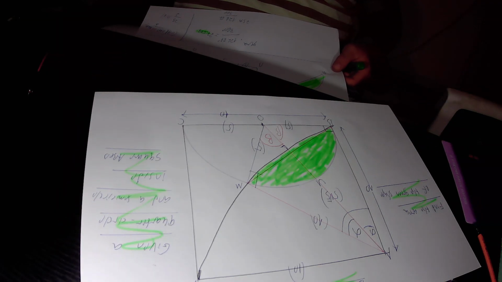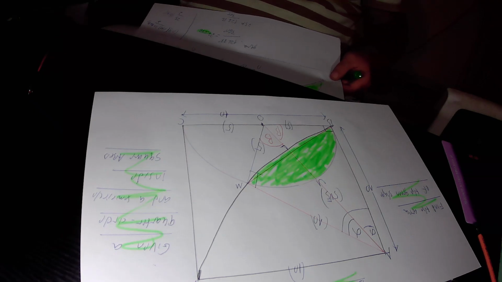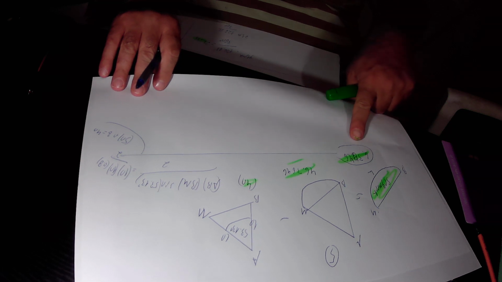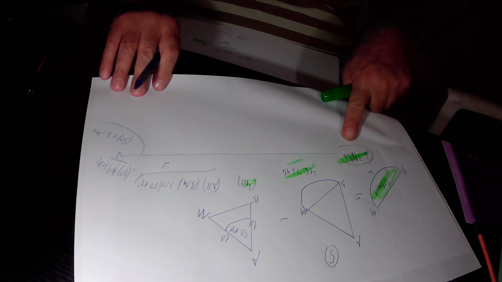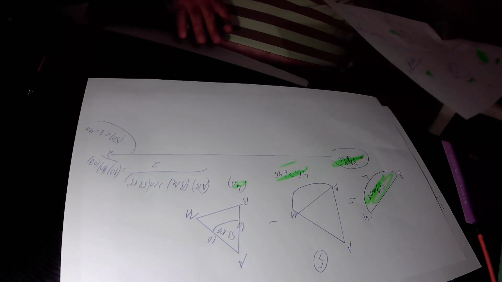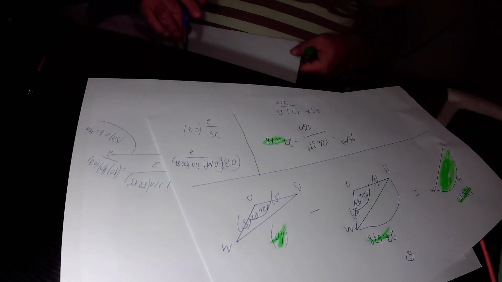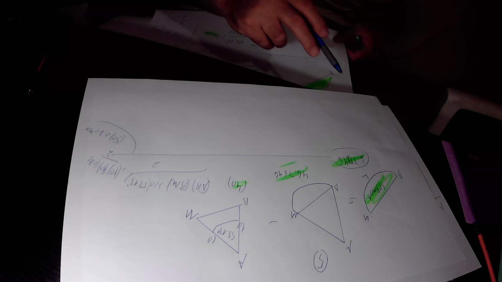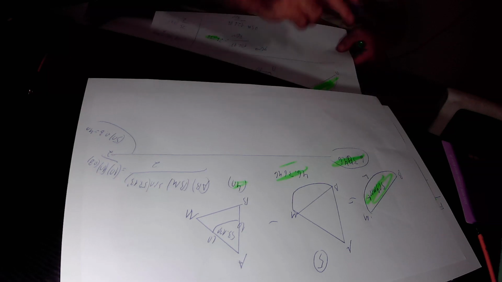We already found out that the area of the lower segment BLM is equal to 6.3646 square units. So in total, the area of the green shape equals the area of the upper segment BOM plus the area of the lower segment BLM.